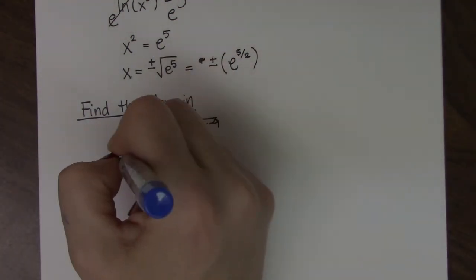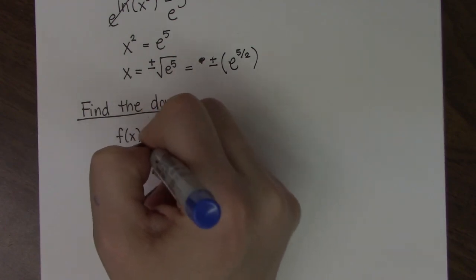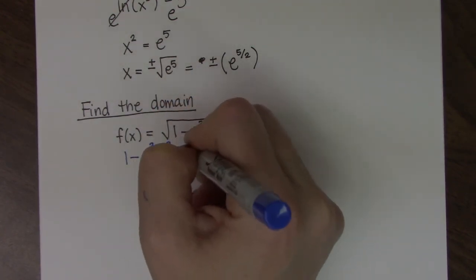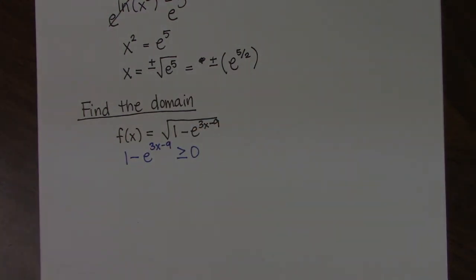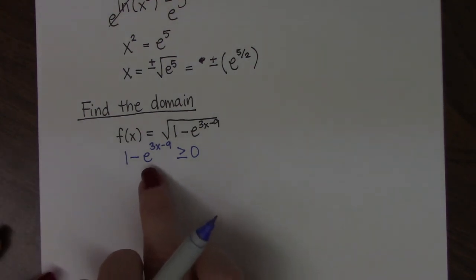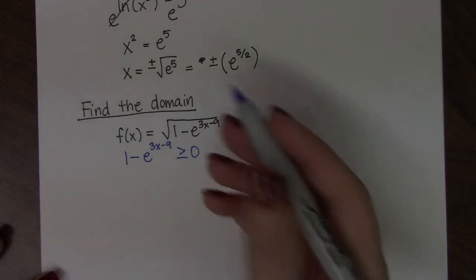So I'm going to take the entire expression and I'm going to set it greater than or equal to 0. And I get to say greater than or equal to 0 because it's okay if the numerator is 0. So now I need to solve this for x. So since this guy's negative, I'm going to simply add it to both sides.